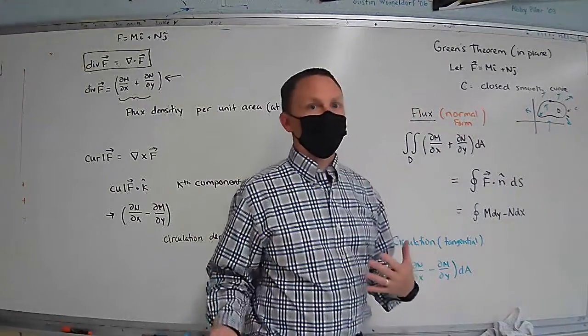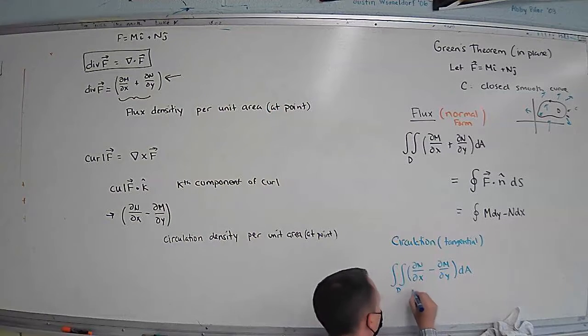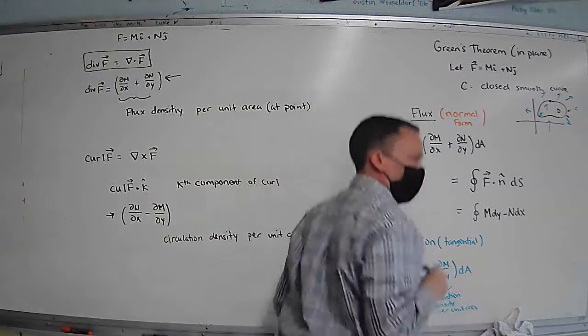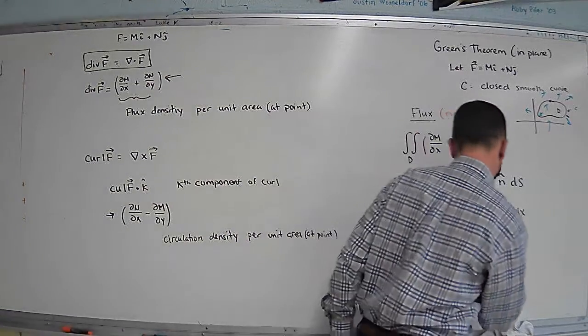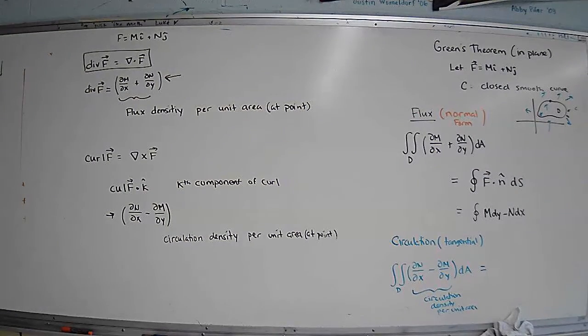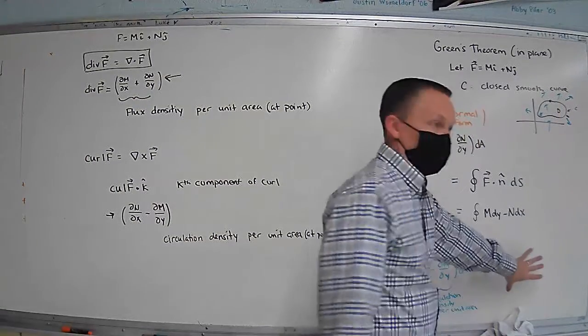Well, before we say what it equals, what are we adding up? Here, we're adding up the circulation density per unit area. And we're adding that up over the whole area. And what's that going to equal? We haven't written what it's equal to yet.